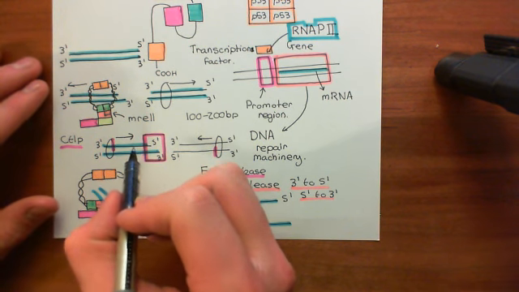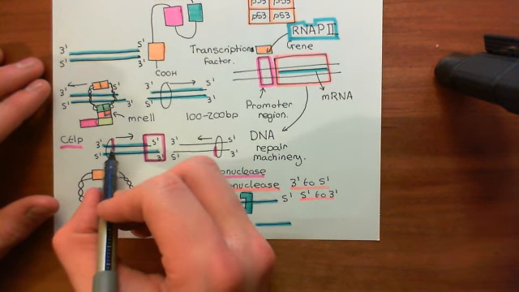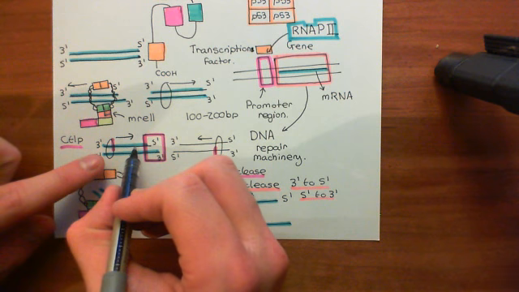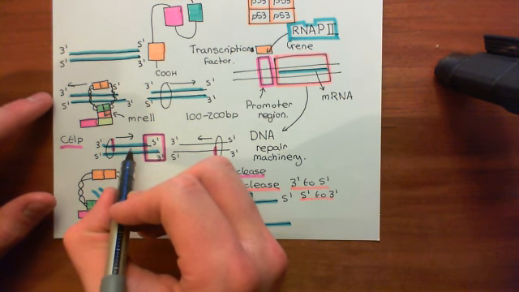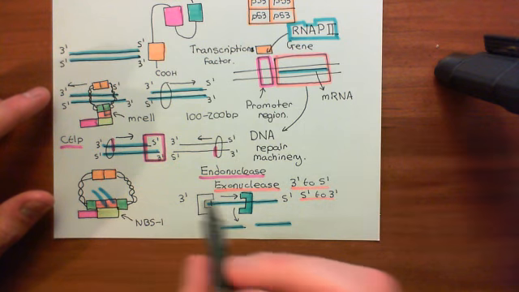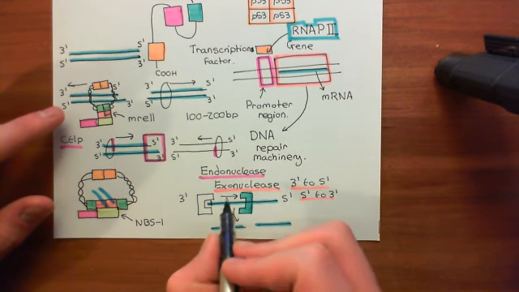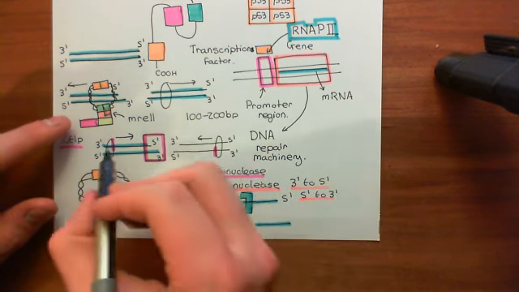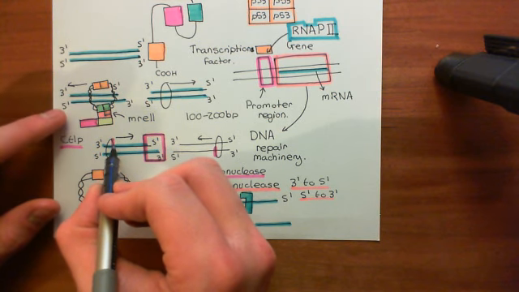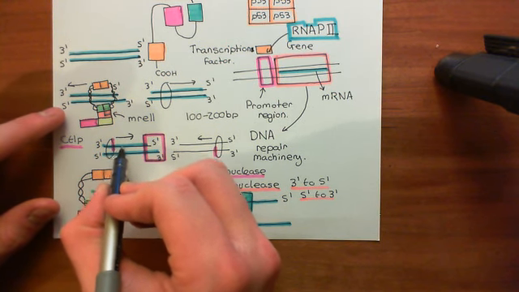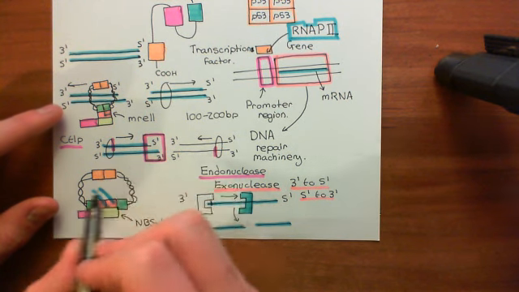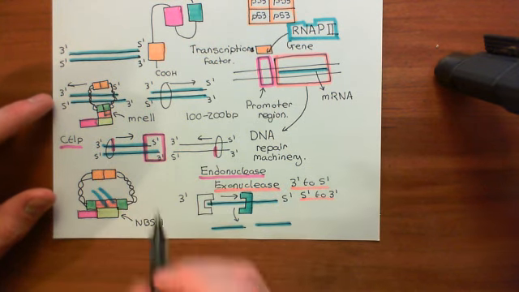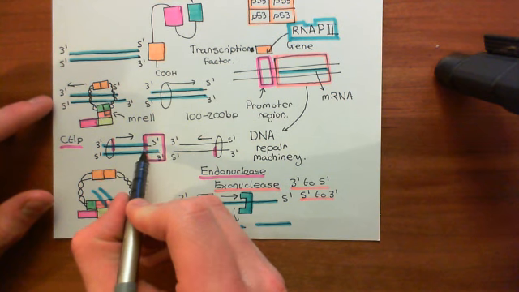What's now going to happen is it's going to work its way upwards here and chop off all of the nucleotides one by one. So it's now going to work through exonuclease activity. It's going to work its way up, chop a nucleotide off, work its way along, chop a nucleotide off, and continue that all the way along.